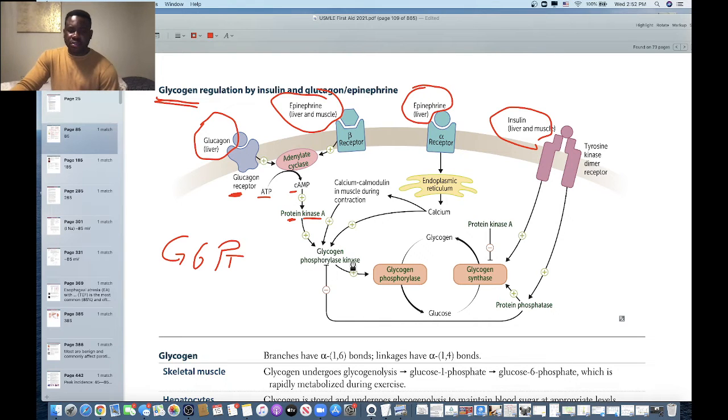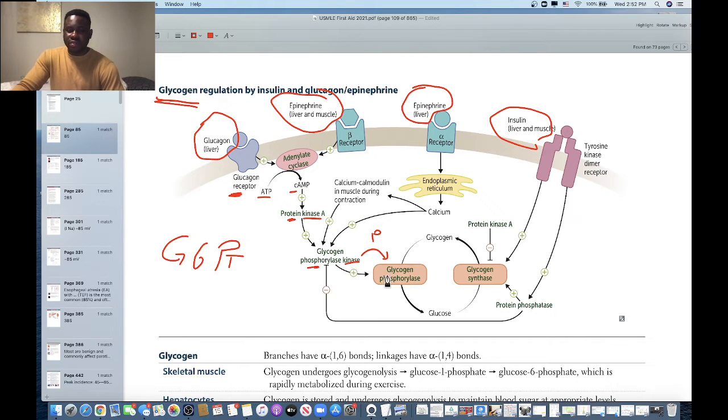So protein kinase A kinases, or adds a phosphate to, this enzyme as well, which is the glycogen phosphorylase enzyme. And what does glycogen phosphorylase do? We said phosphorylation also means adding an inorganic phosphate. Glycogen phosphorylase kinase will also kinase this, meaning that it's adding a phosphate to the glycogen phosphorylase so that it activates it.